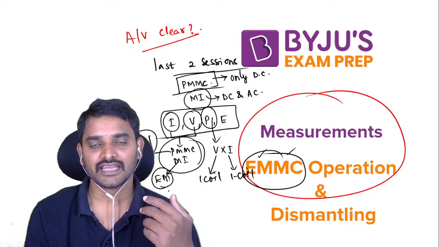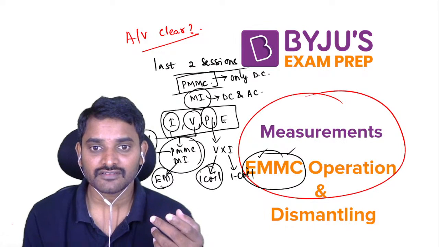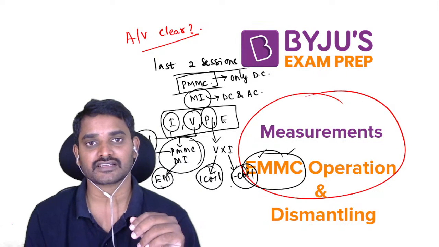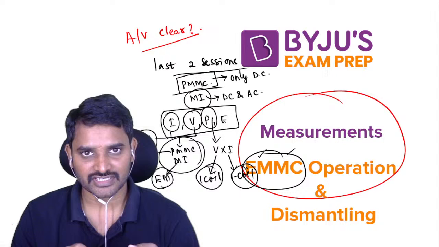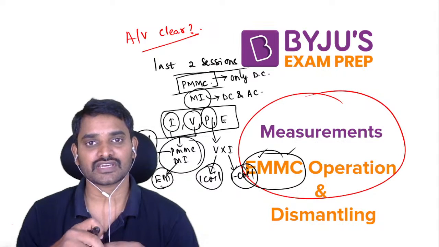But if you want to measure power, one coil has to measure voltage and one coil has to measure current. That means the meter should consist of two coils in its construction. Then only you will be able to measure power.